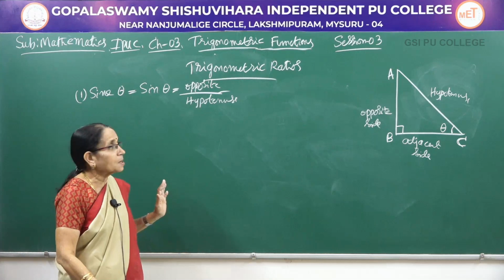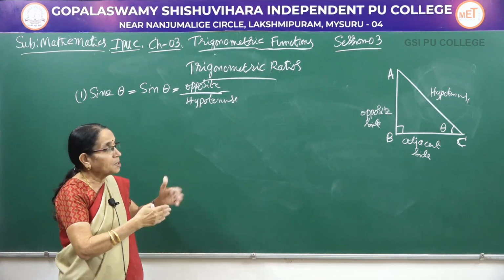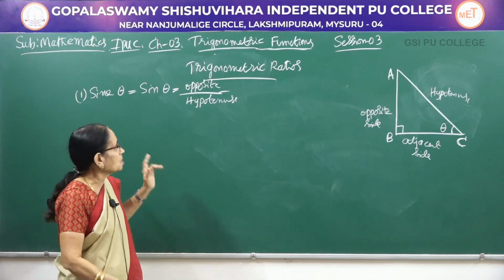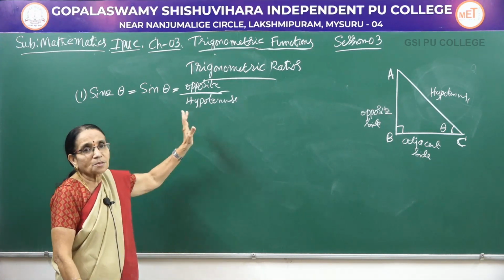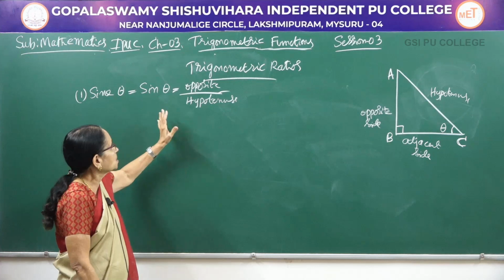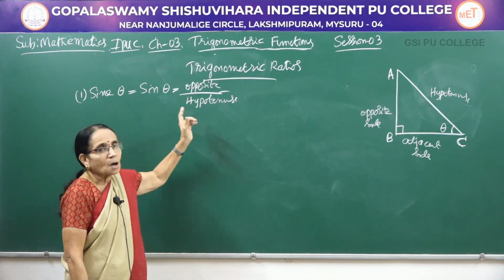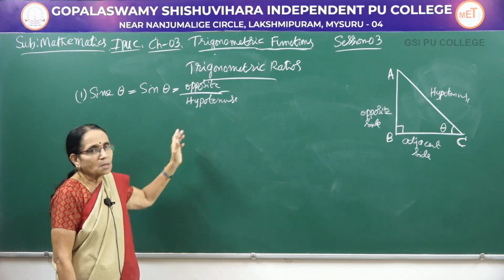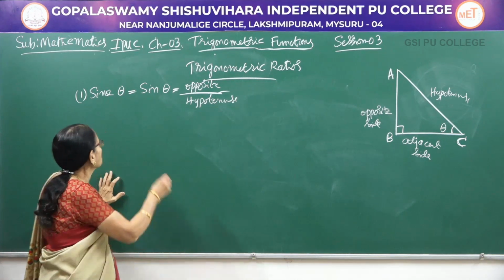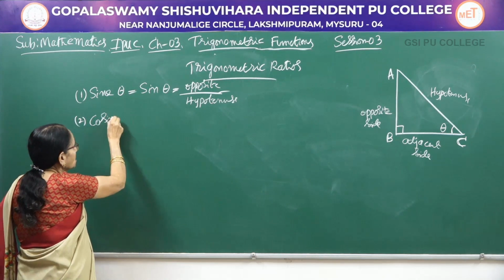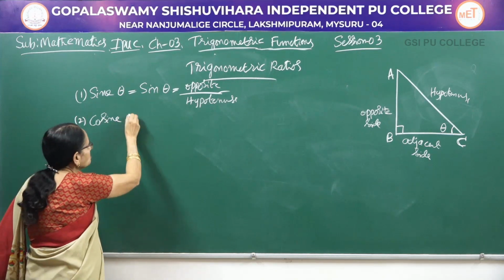Don't memorize it like that, because the ABC may be in other places, or instead of ABC we may have PQR. So, that is confusing. Always remember in terms of the sides of the triangle. So, sine of theta means, whatever may be the triangle we are considering, it is always the opposite side divided by the hypotenuse. Next is cosine. CO is added before, that is a prefix.